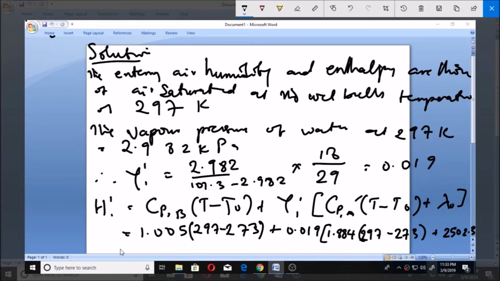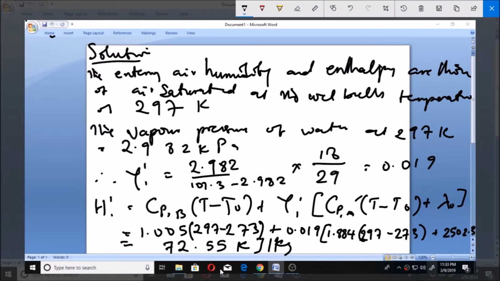If we do this calculation, we get the enthalpy to be 72.55 kilojoule per kilogram.